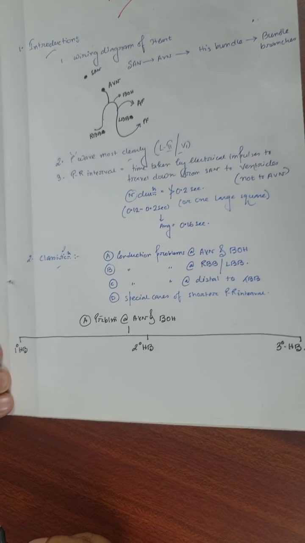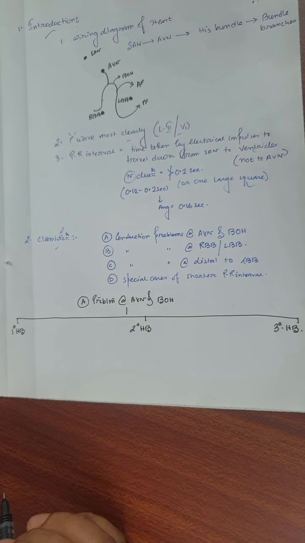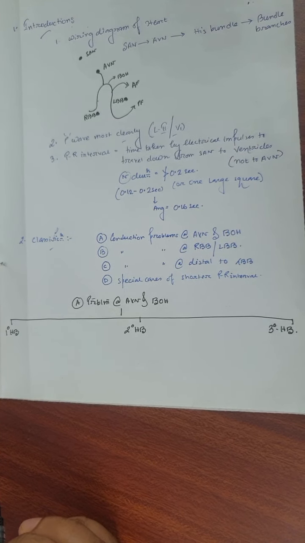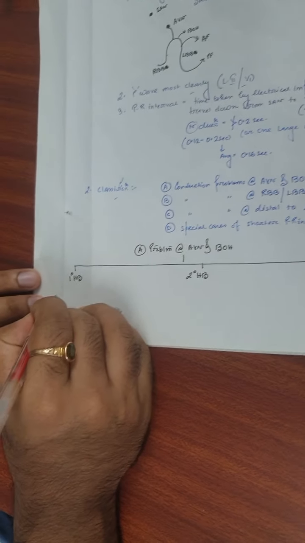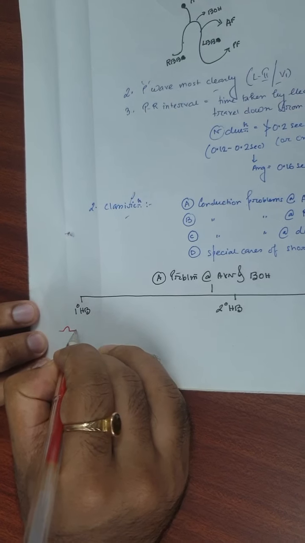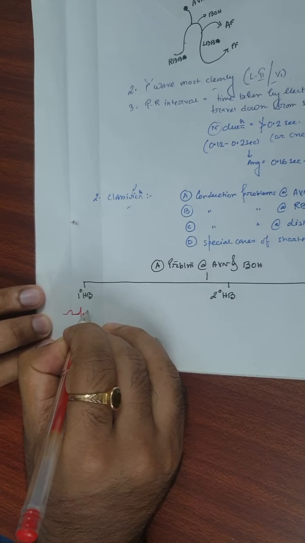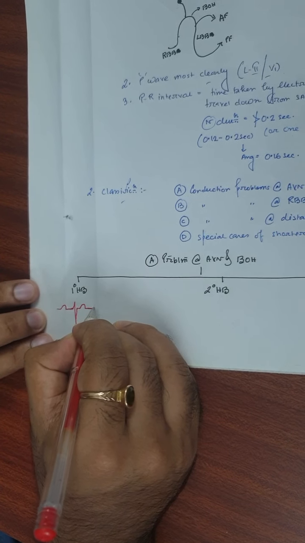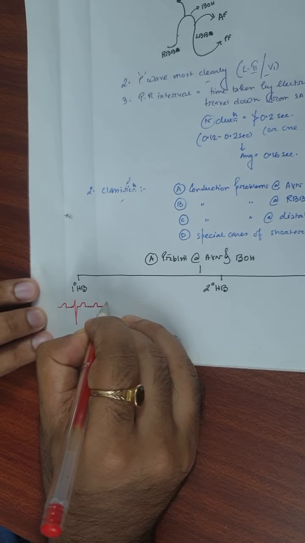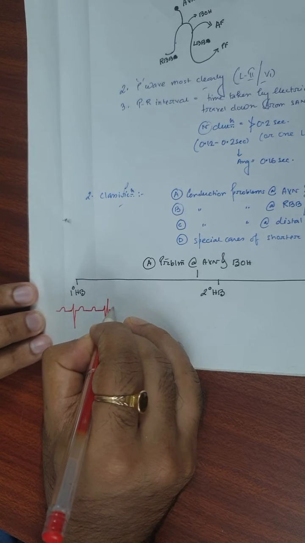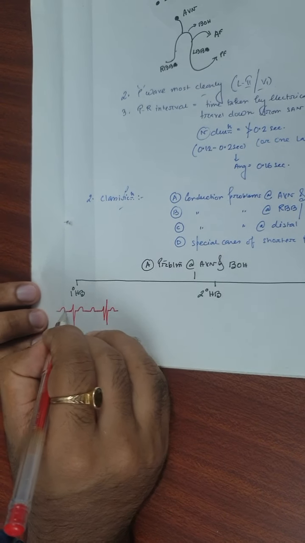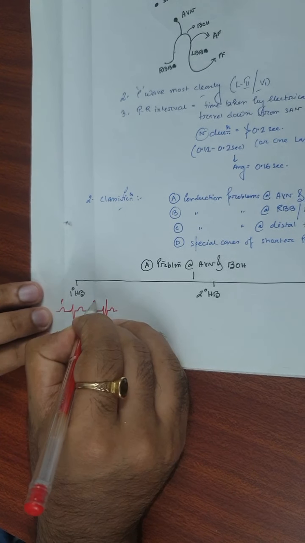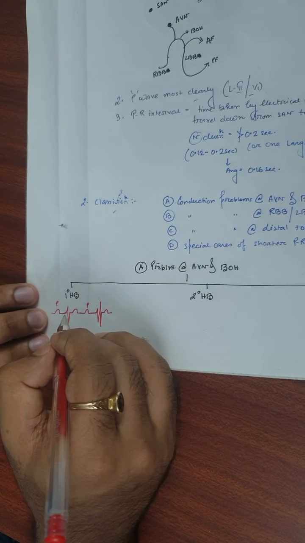heart block. Now if we see first the ECG picture of the first degree heart block, it looks like this. Like this. So in this case, the P waves are always transmitted to the ventricles.